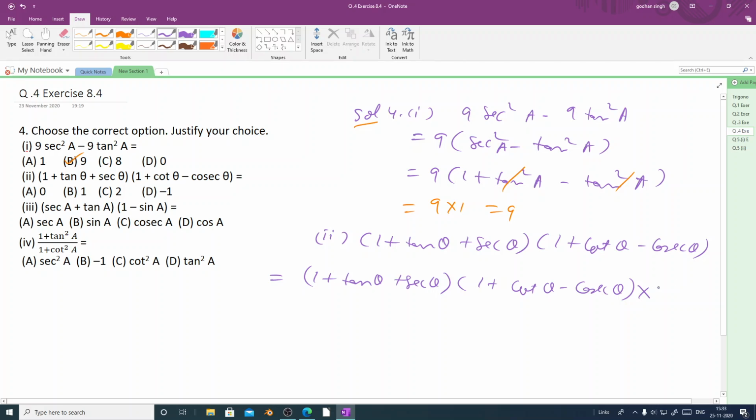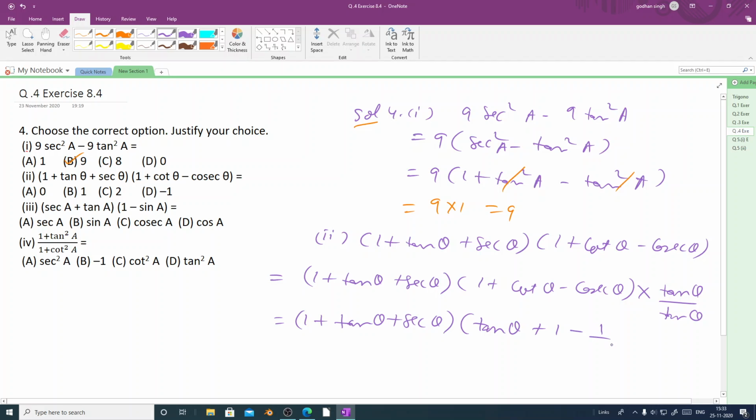Let us multiply and divide this with tan theta. So we'll see what we'll get on doing this: 1 plus tan theta plus sec theta. So multiplying with tan theta, this will become tan theta plus cot theta into tan theta, that is 1, and minus cosec theta.